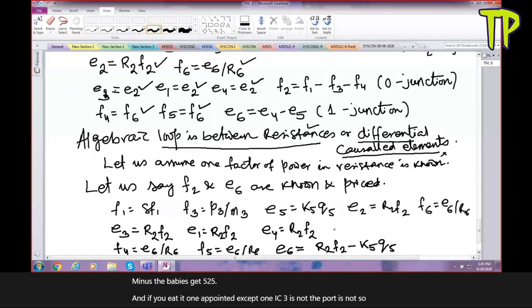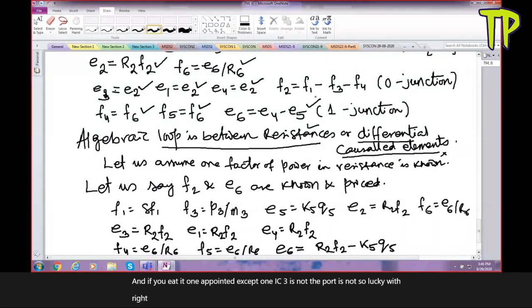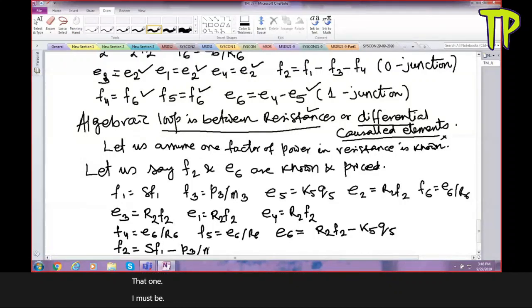So lastly, we write this: F1 minus P3 by M3 and minus F4.